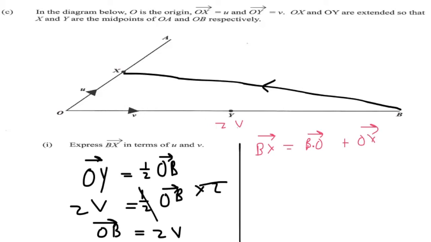Now I need BO, but look at the line, it's O to B, that is 2V. So if I'm going BO, then it means I've changed direction. So this becomes minus 2V, and OX are going in the same direction, so this is U. So this is the answer for BX.